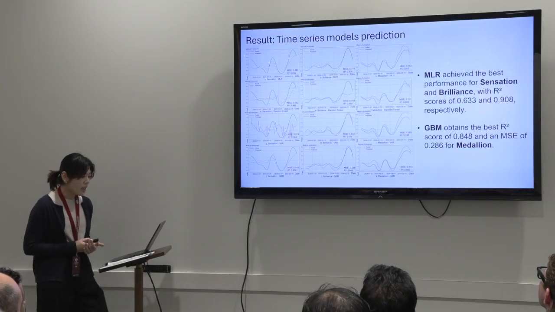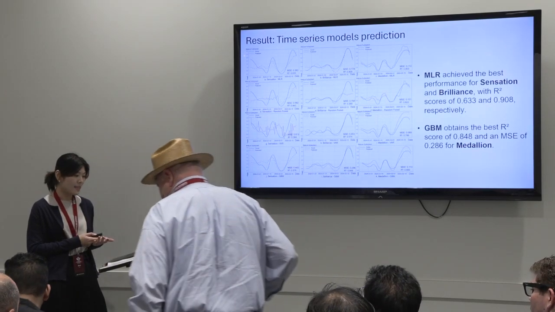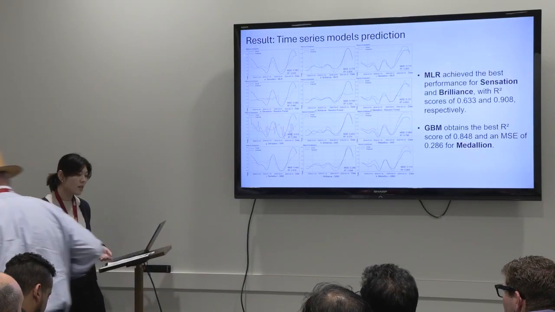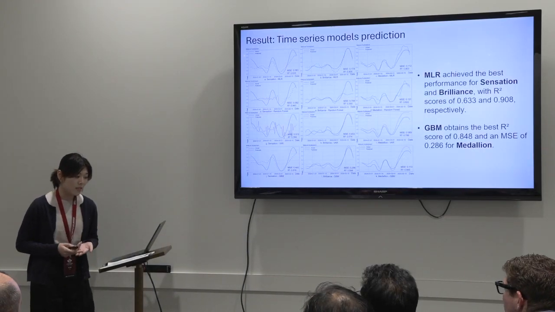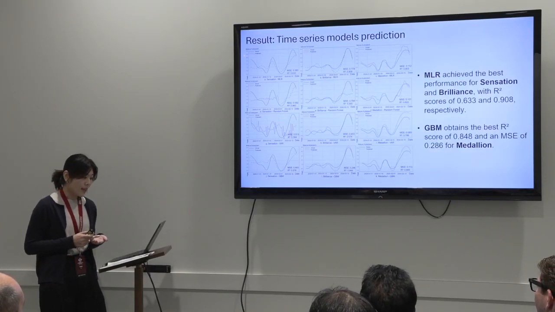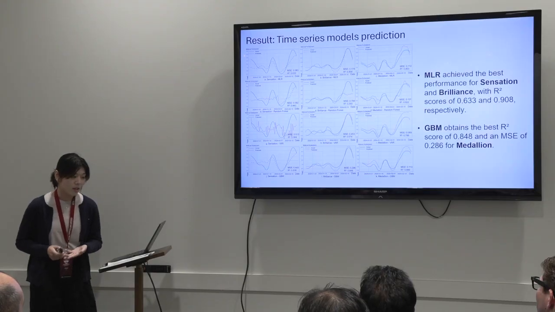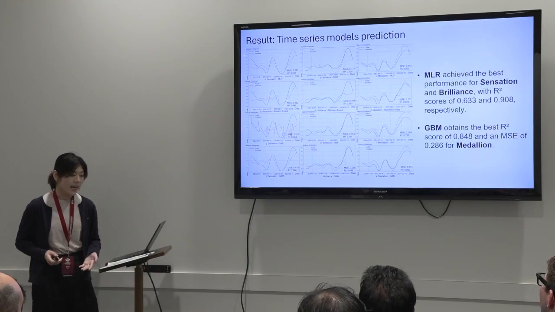Okay, and here is our time series model prediction. We finally find that the MLR achieved the best result for these three varieties, and our R-squared score can reach 0.63 and also 0.90, which is really high.